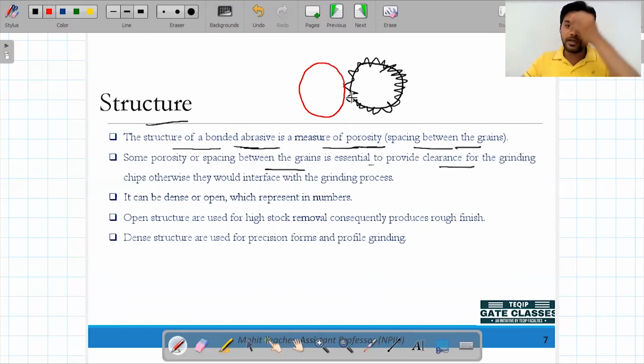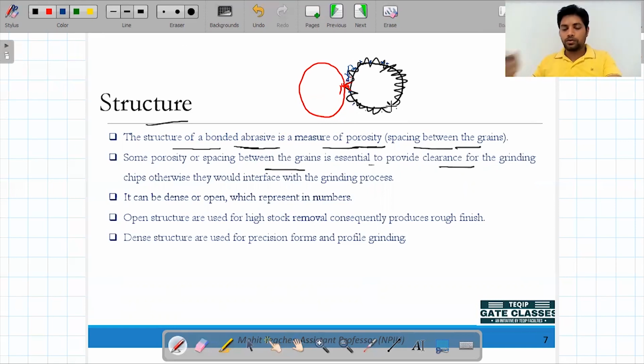When it comes in contact, whichever grain is the longest will first contact the workpiece, so material will be removed by that grain only. Slowly, as all of them come in contact, the material coming out from the workpiece will disperse into the gaps between these grains.